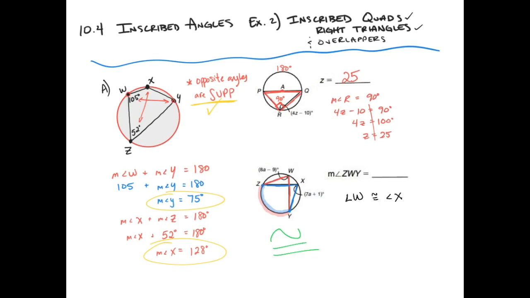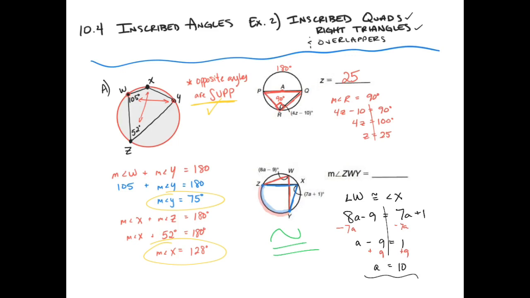That means that the 8a minus 9 for angle W is going to be equal to the 7a plus 1 for angle X. We're going to do a little bit of algebra, get all our a's on one side. So I've got a minus 9 equals 1, and then get all your numbers to the other side. I've got a equals 1 plus 9, 10.